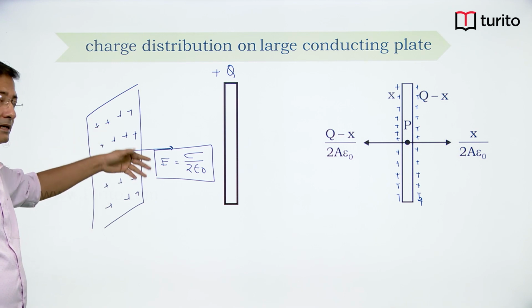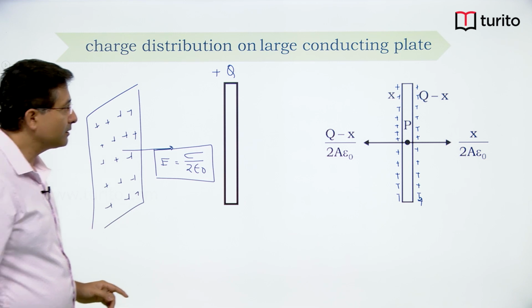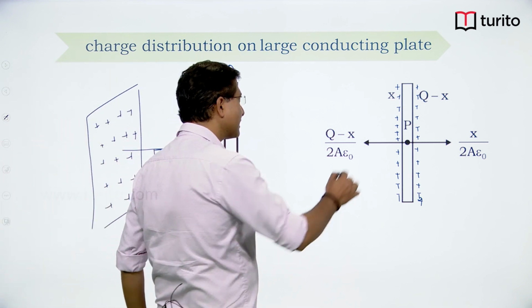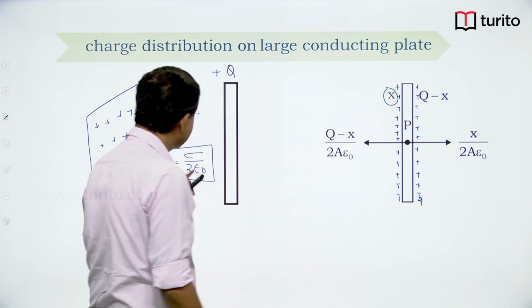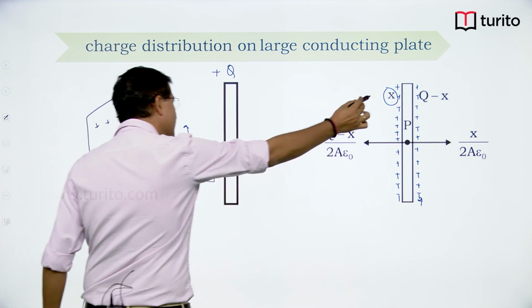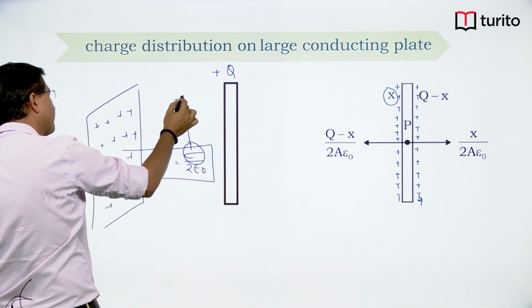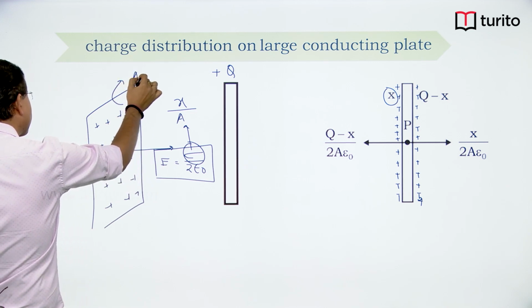This is the field created by one side charge only, right. That means, if this side charge is x, the surface charge density sigma is x divided by A, where A is the surface area.